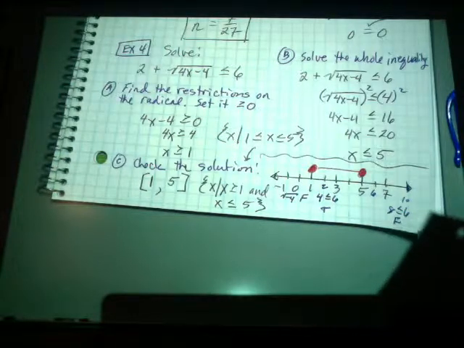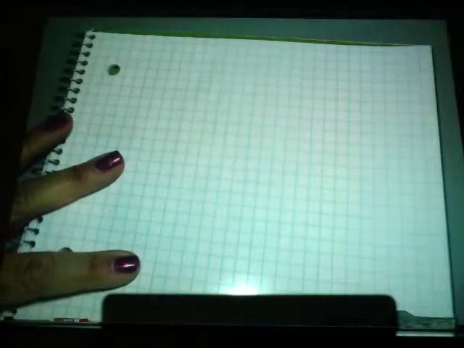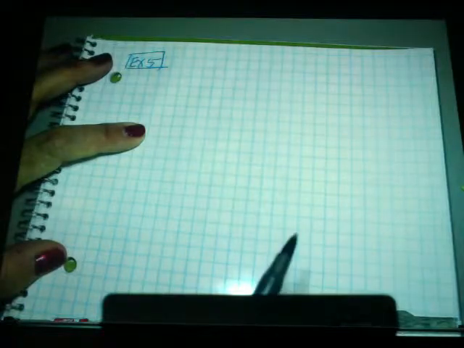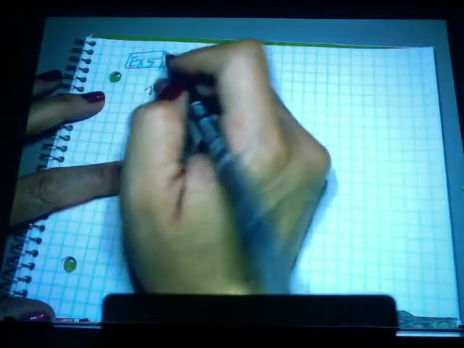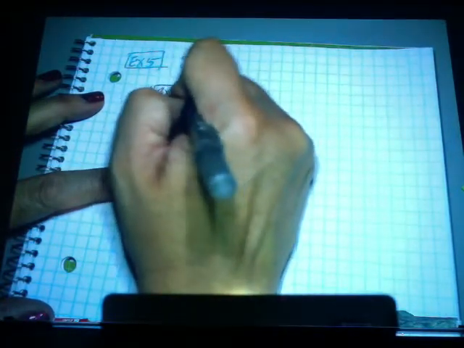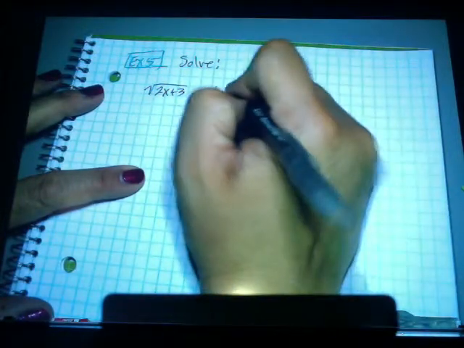All right, last problem. Example 5. Solve. So we have the square root of 2x plus 3, minus 4 outside the square root, less than or equal to 5.